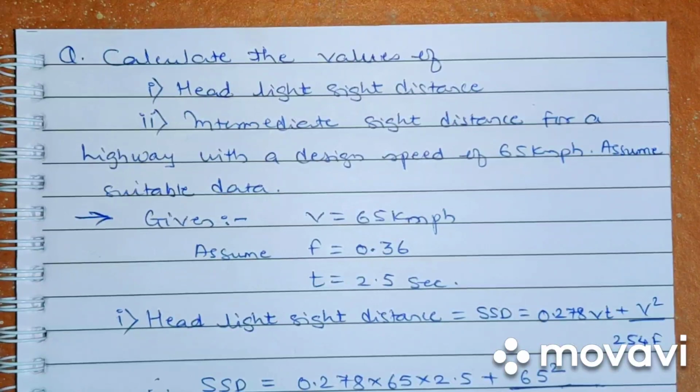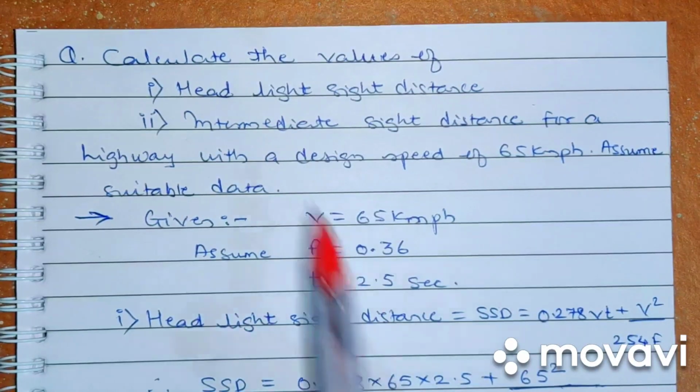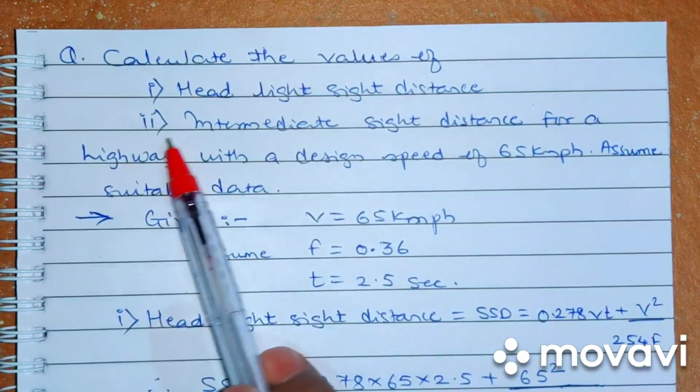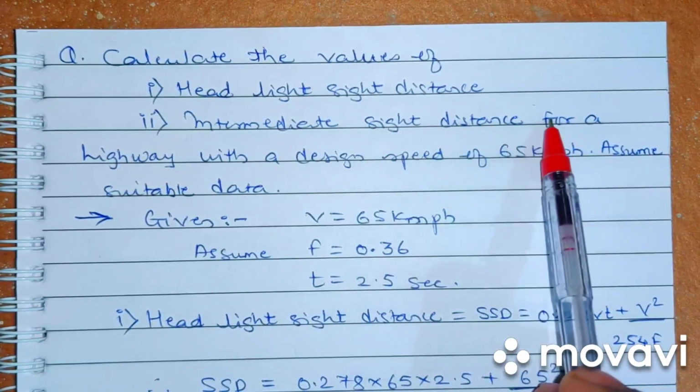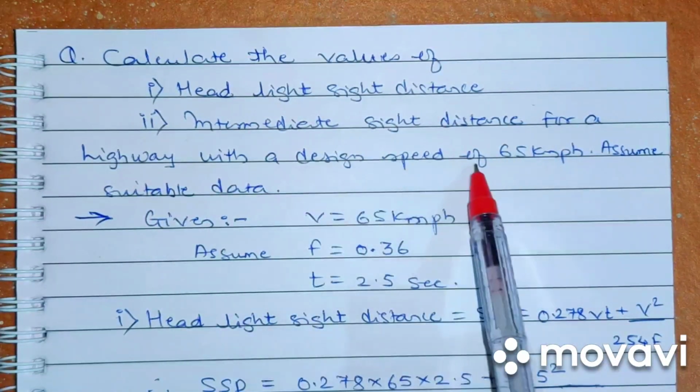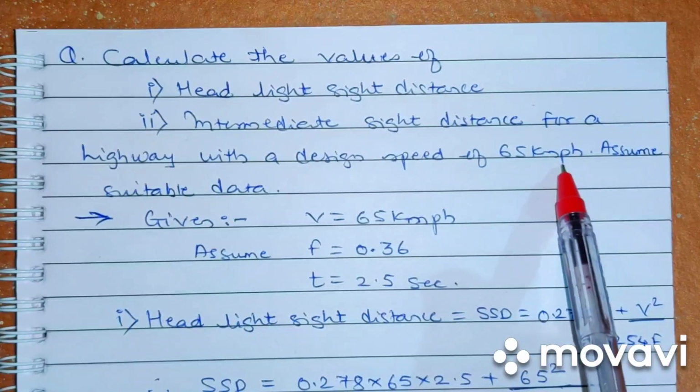So this is the third numerical on the sight distances. The statement for the numerical is as follows. Calculate the values of, first, the headlight sight distance, and second, the intermediate sight distance for a highway with a design speed of 65 kilometers per hour.